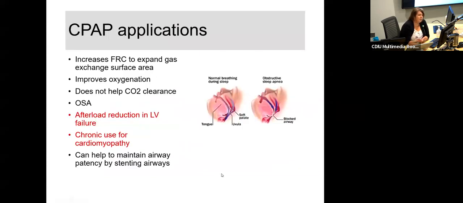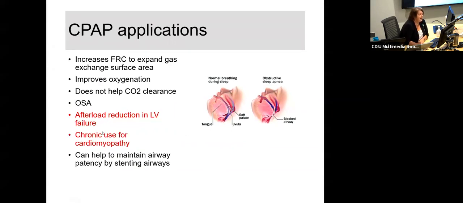How does it work? Well, CPAP increases your functional residual capacity to expand gas exchange area. So what it does is it helps, once you've inflated your lung, to open that up some more, and then by giving you more surface area to exchange gas, hopefully you're going to improve oxygenation.